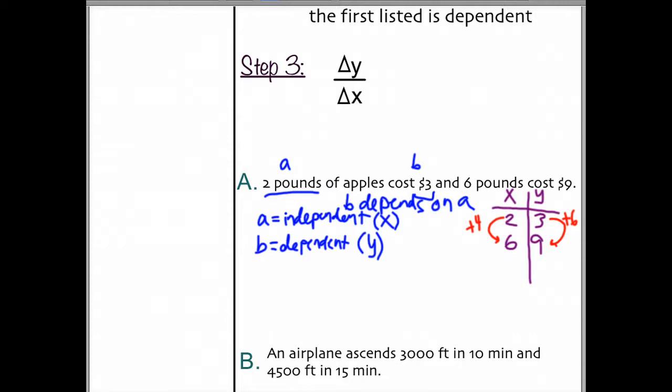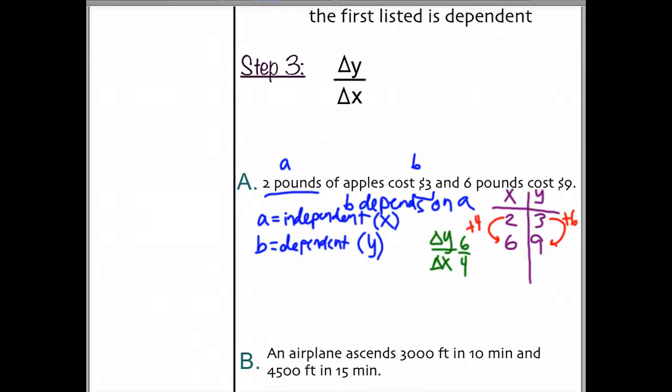Now we're going to write this as the change in y over the change in x. So we have 6 over 4. And what this means is for every 4 pounds of apples, it costs $6.